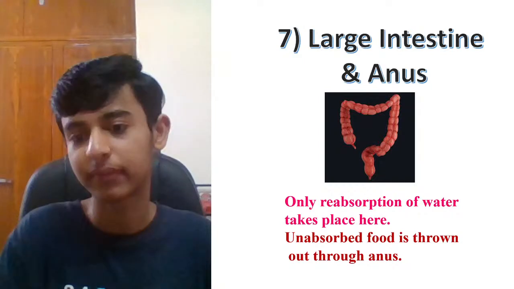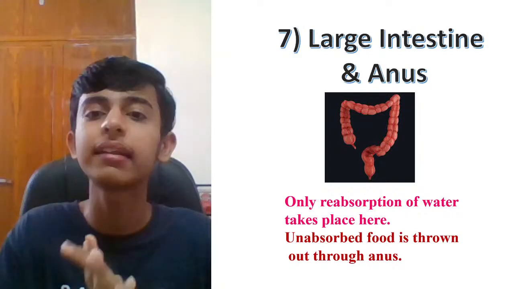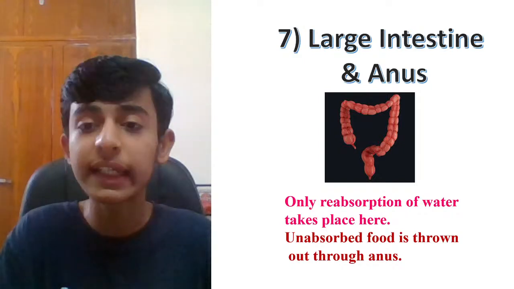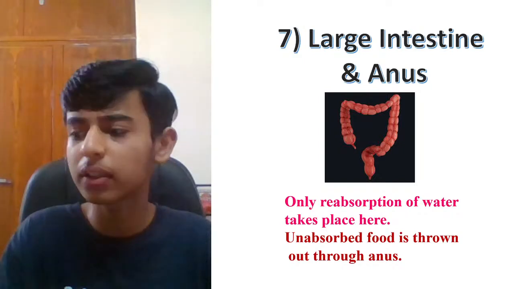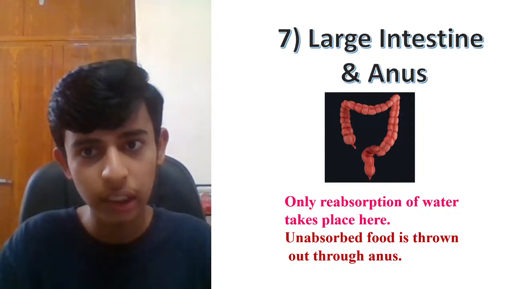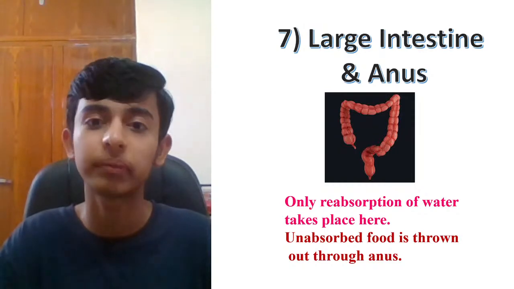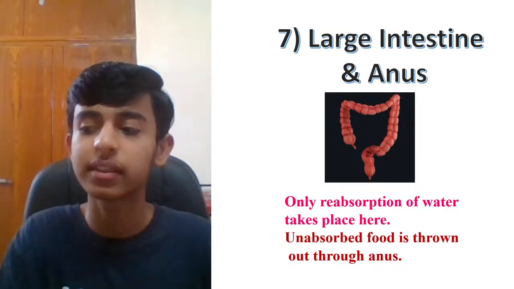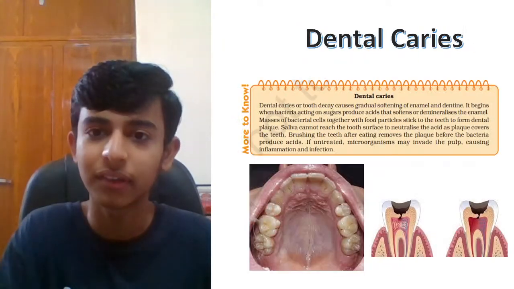One more thing: we never use the word excretion for this. We either use elimination or egestion. These words are used to say that the food waste has been thrown out.